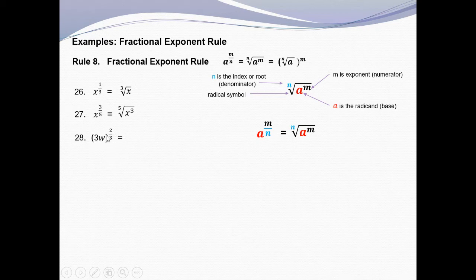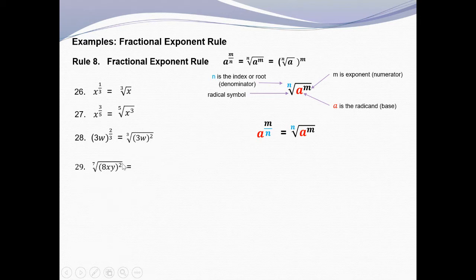That's why it's inside the parentheses, which means this whole thing is a base, and it's also called my radicand. So this whole thing goes inside the radicand, and there's my index, which is the denominator in the fraction, and here's my numerator, which is the 2 as the exponent.